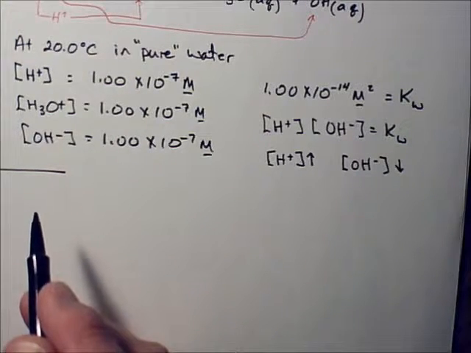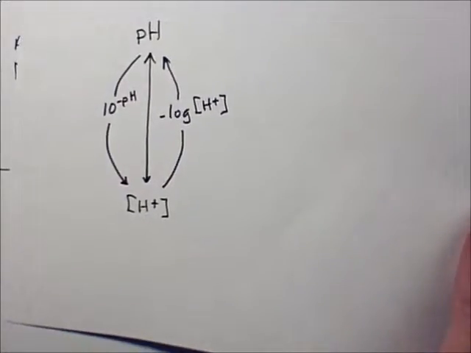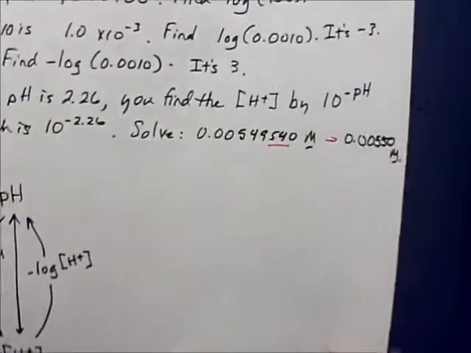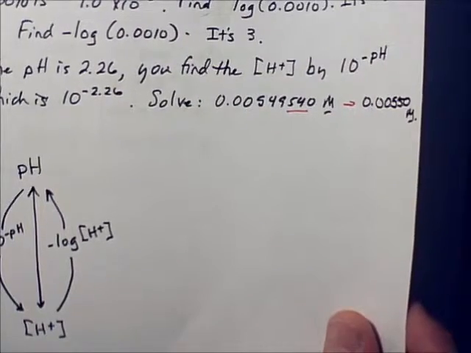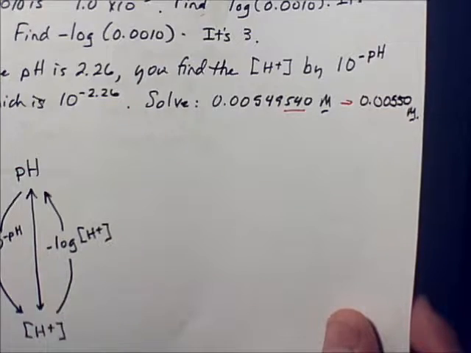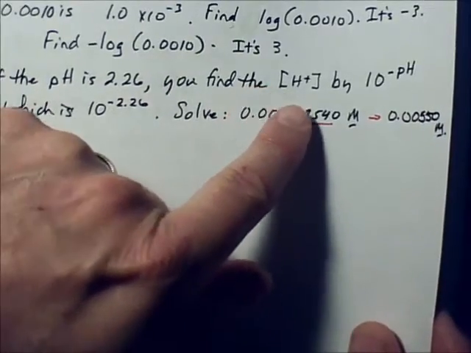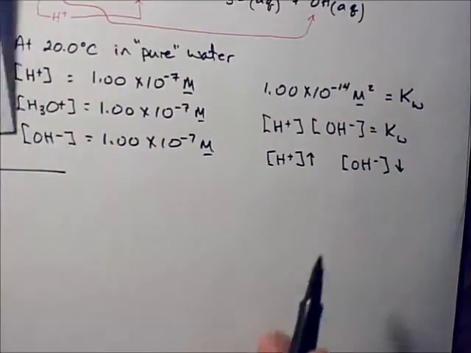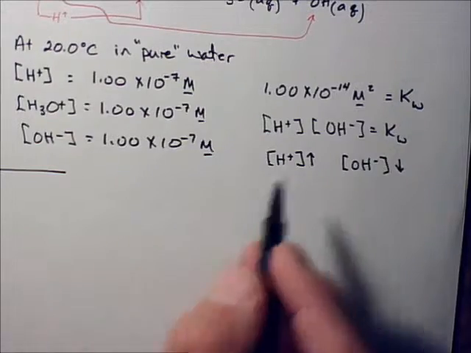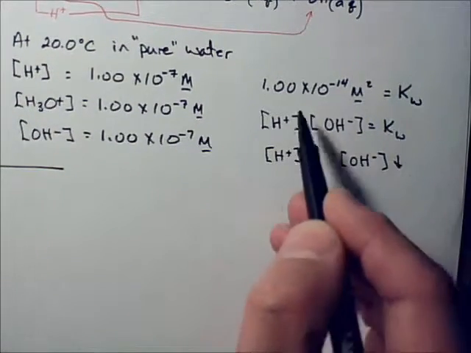All right. Now we're going to go back to what we were doing a minute ago. We were right here, and we found the hydrogen ion concentration to be that number right there. Now we have this equation right here. We know this value because it's right there.